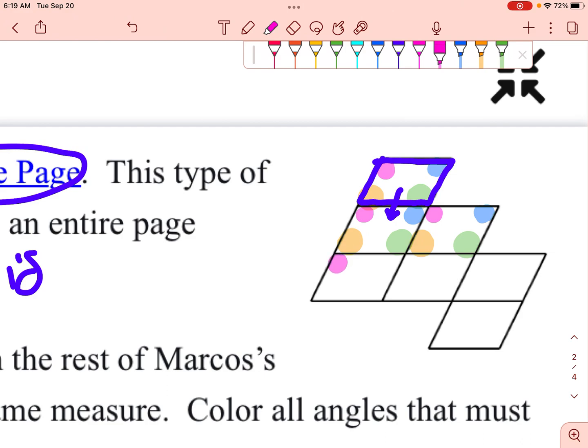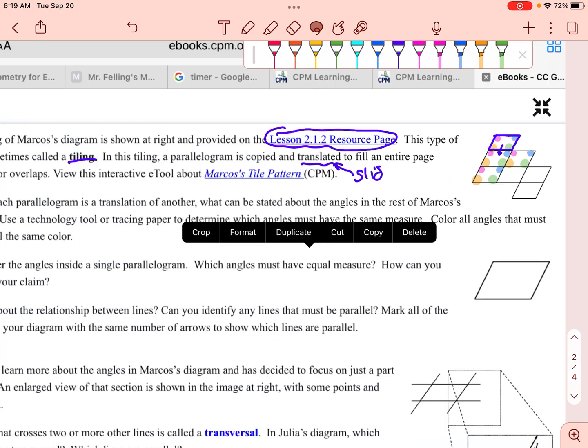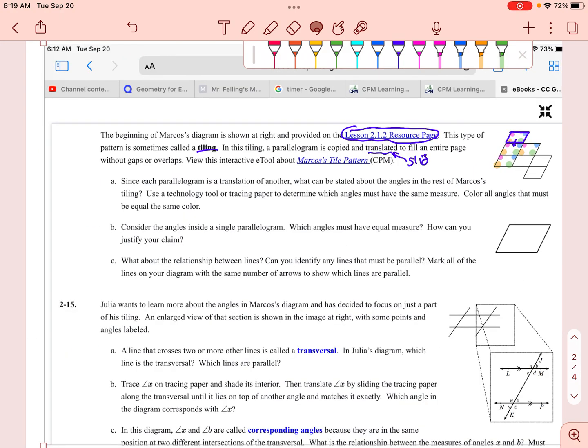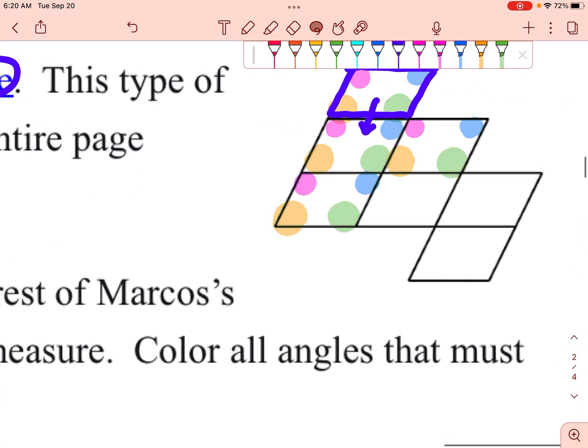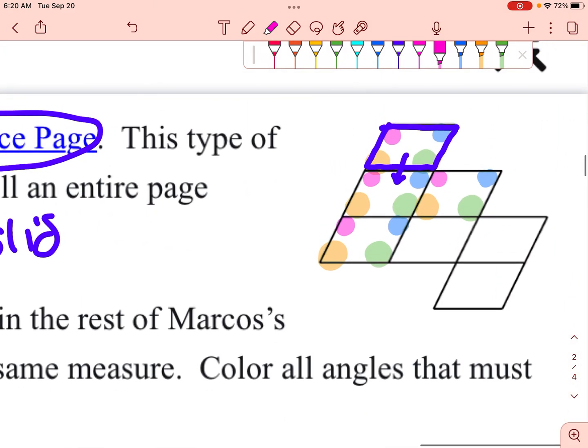Once you start to do this, and then again, copy, can I not paste it? Here we go. Pink. Oh my goodness. Blue, orange, and green, right? So we're coloring each of the angles.